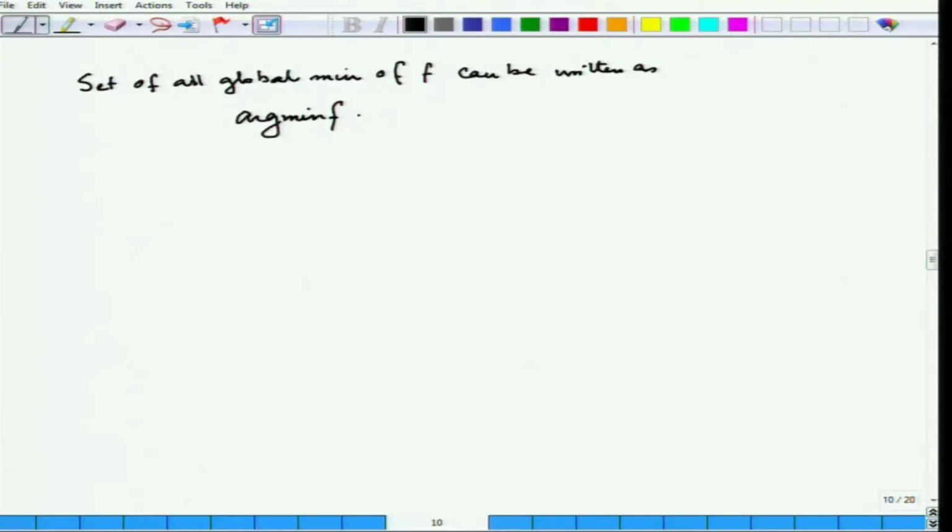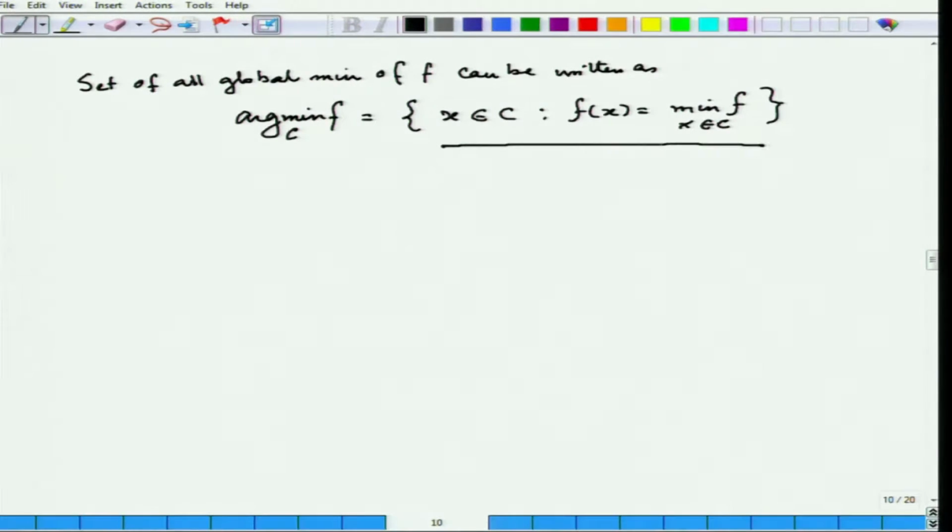Arg min F is the set of all x in C such that f of x is equal to min of F. Sometimes people denote it by C star. So, this is the set of all global minima. Now, of course, when F is convex, this is a convex set.